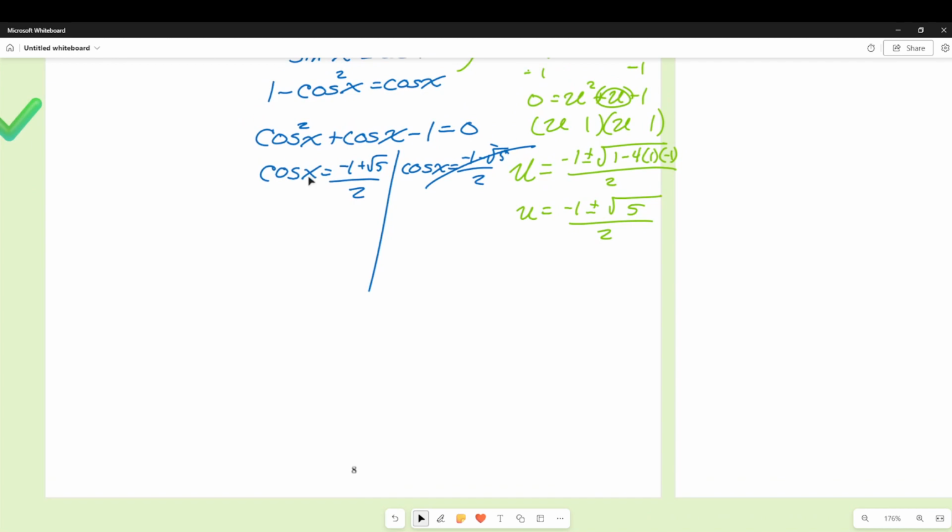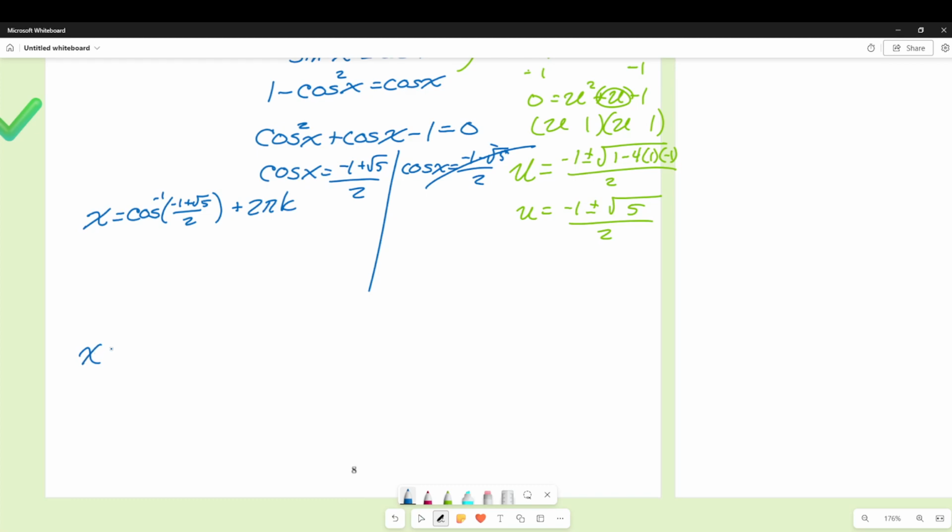So you could get a decimal approximation for the -1 plus the square root of 5 over 2 if you wanted to, but we're going to have to use technology anyway, so we might as well just have x as whatever the cosine inverse of -1 plus the square root of 5 over 2 is. But don't forget the plus rotations.